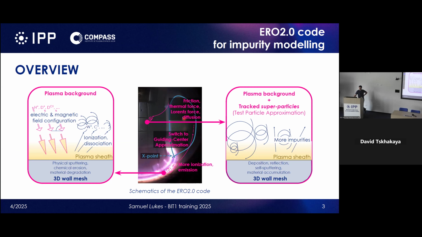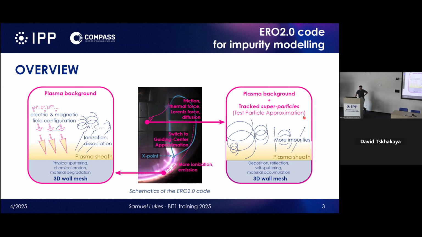During the tracking part, the code assumes most of the basic plasma physics like friction, thermal force, and of course the Lorentz force, and there are some approaches to handle diffusion, which is very specific in fusion devices. It is also important to say that the code assumes the test particle approximation, which is different from BIT1 or particle-in-cell codes in general.